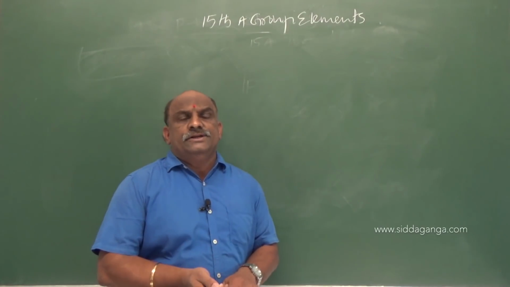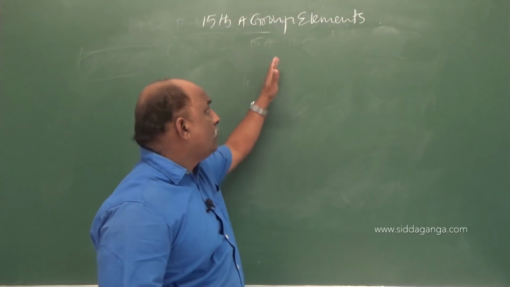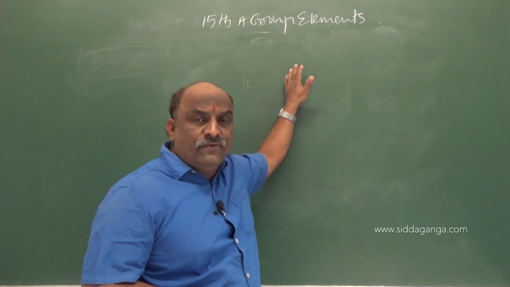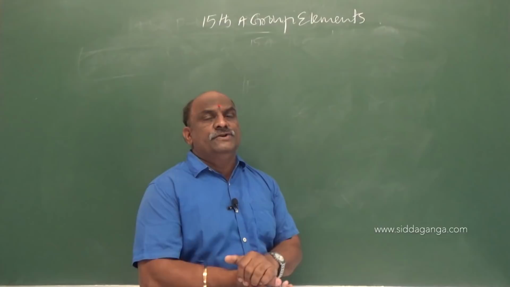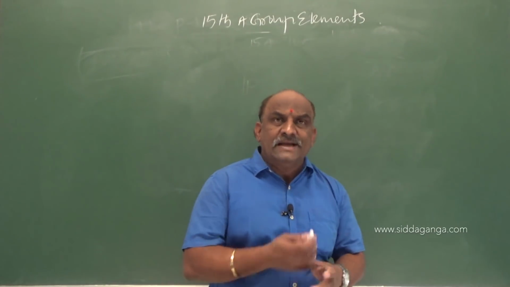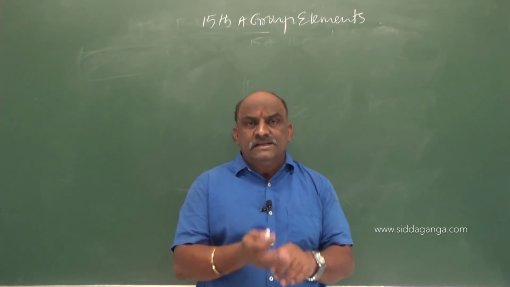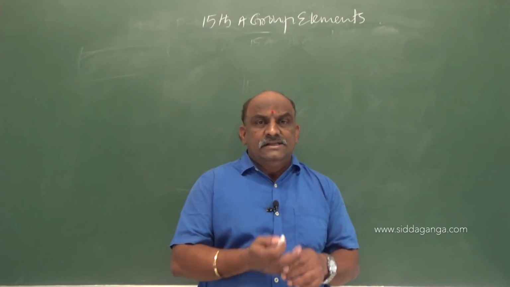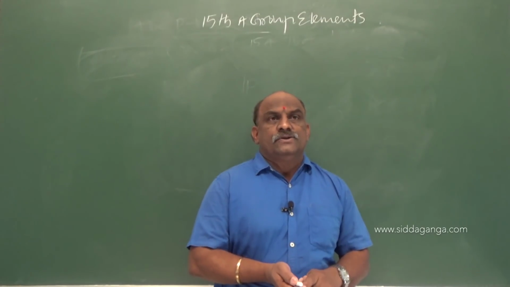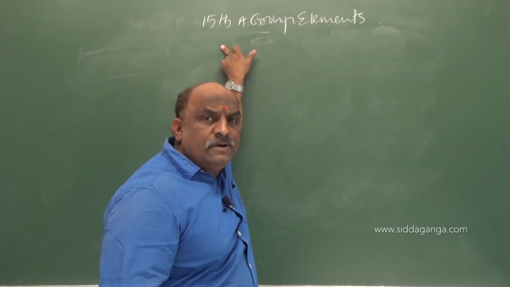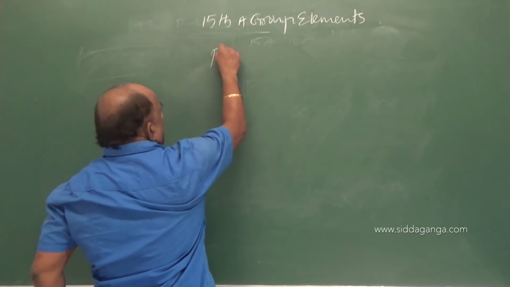It is only theory oriented, with no numericals, conversions or mechanisms required. We should revise the chemical equations and practice them. While you practice the equations, you will definitely find it easy to get the correct option. So here, the 15th group elements are also called pnictogens.